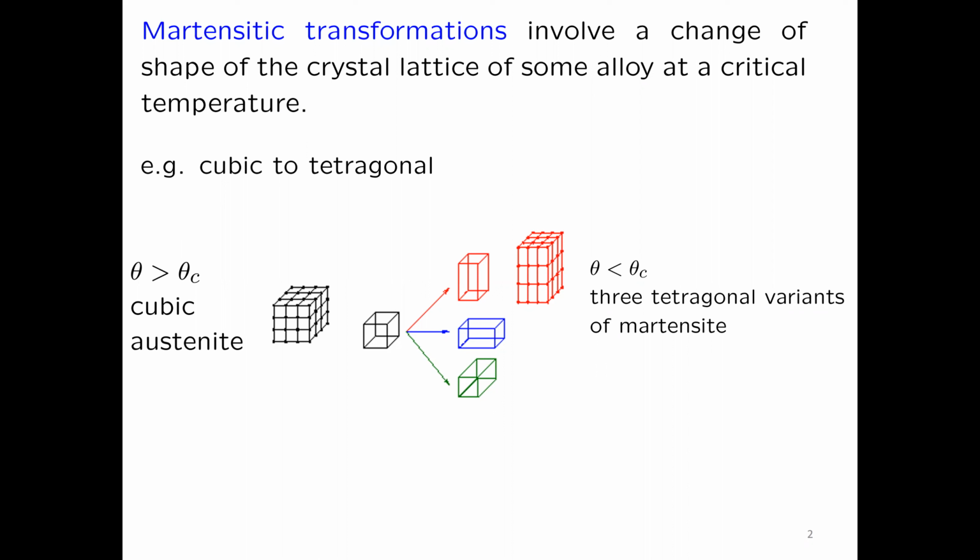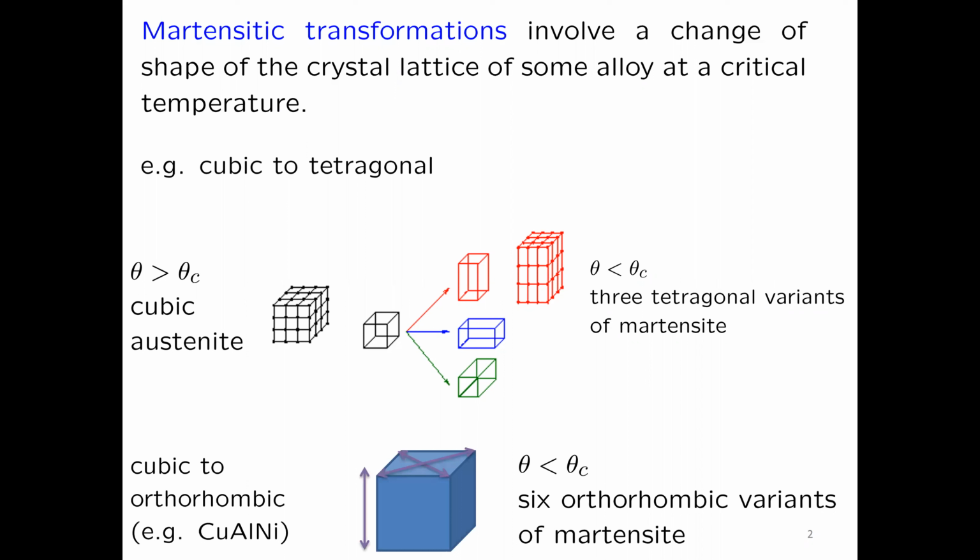And it may happen that in a material, when you reduce the temperature, in some places it's going to stretch in one direction, and in other places it's going to stretch in another direction. And all these things have got to fit together geometrically, and we'll see the sort of result of that.